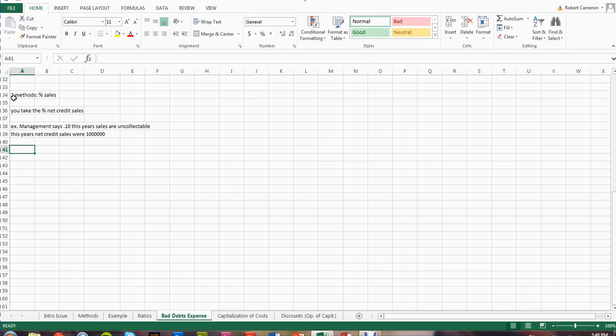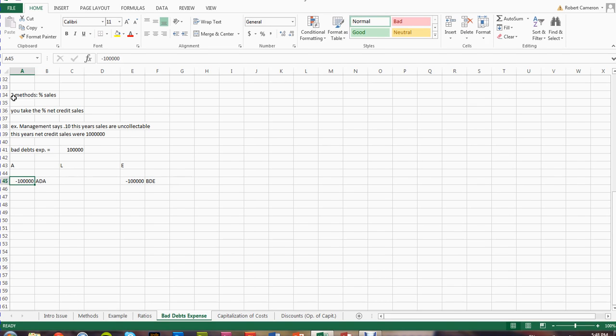So in that case, our bad debts expense is going to equal 1 million times 10%, or 100,000. And then in our accounting equation, we're just going to have a negative 100,000 allowance for doubtful accounts, and then over here a negative 100,000 bad debt expense. And that's all you do.